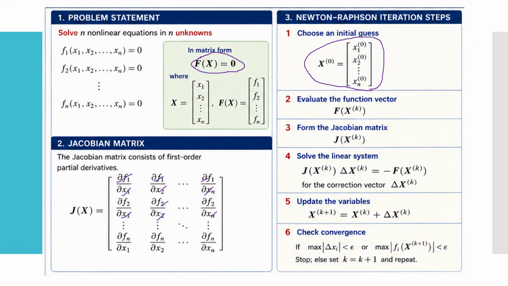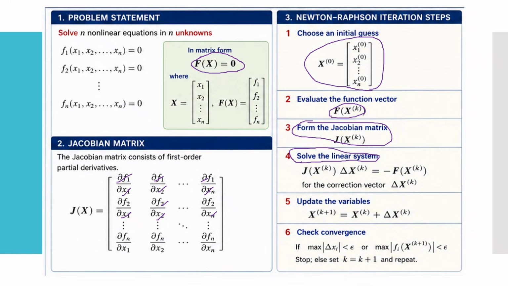So once we make our Jacobian matrix in terms of the variables, we take the initial guess, evaluate the functions at the initial guess, then calculate the Jacobian matrix at the initial guess, and then we will solve a linear system of equations for the change in variables.